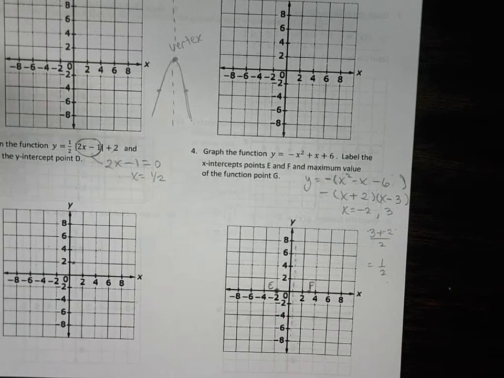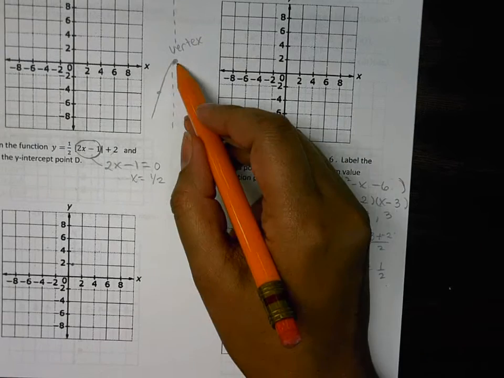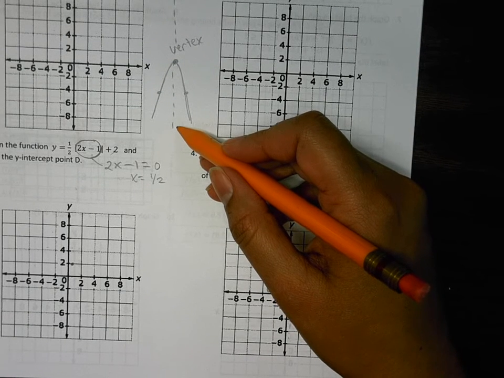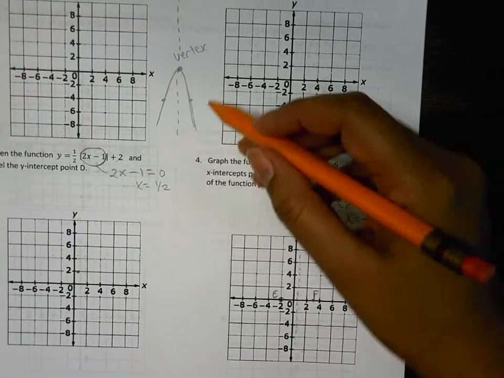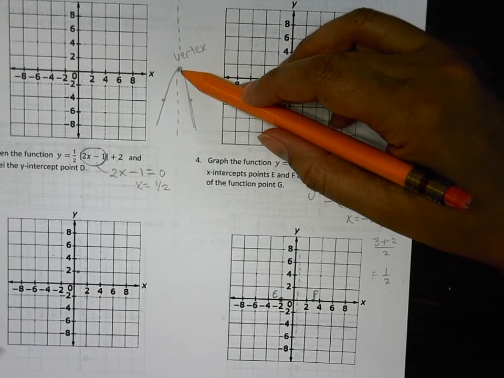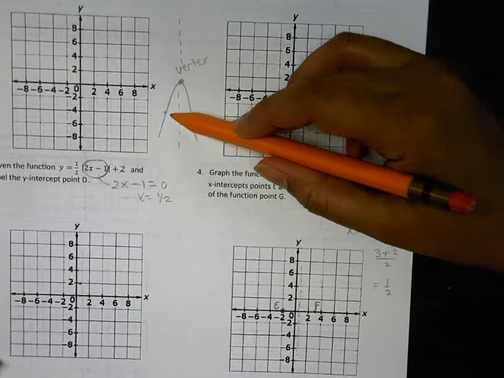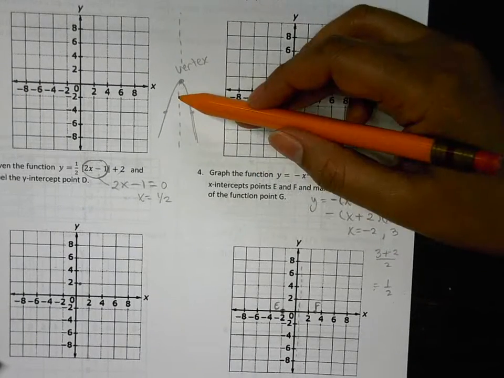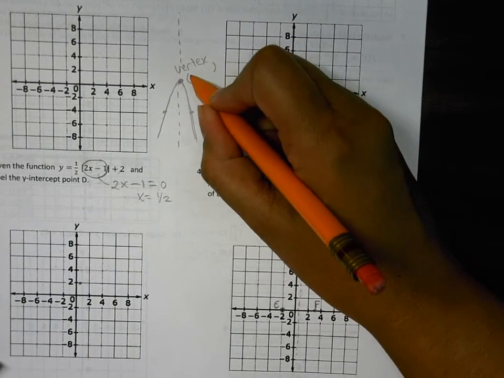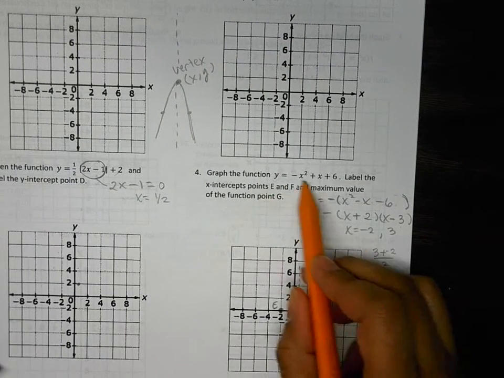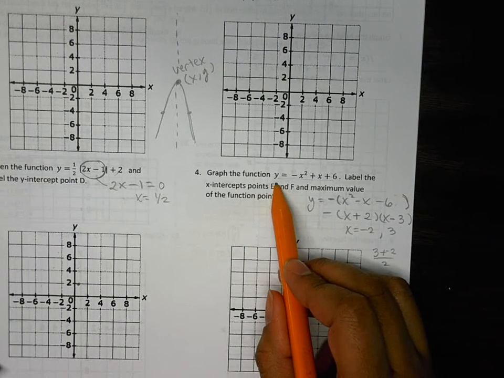If the vertex always lies on the axis of symmetry, and you did this in math too, by the way, because my kids just tested on this, and we know the axis of symmetry is 1/2, what can I do with the 1/2 in this function to find the y value?